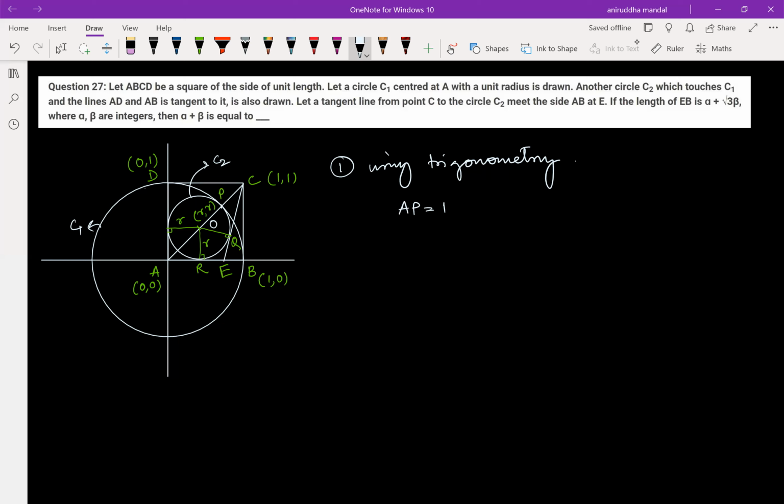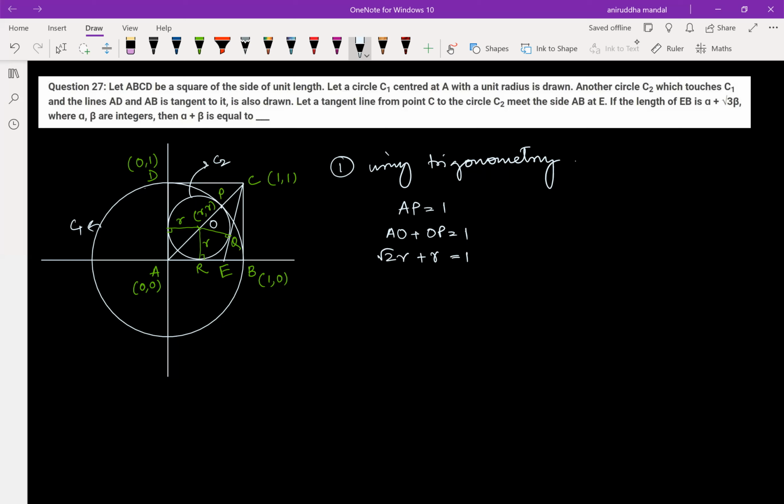AP can be written as AO plus OP, so AO plus OP equals 1. Now OP is the radius r and AO is root 2 r.